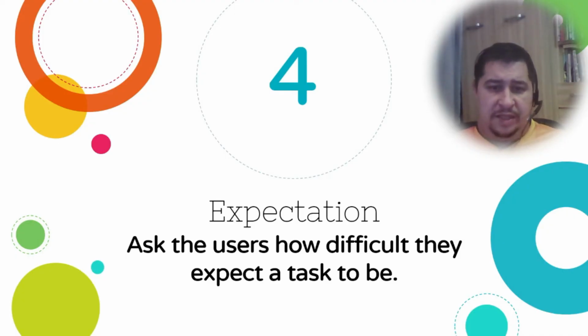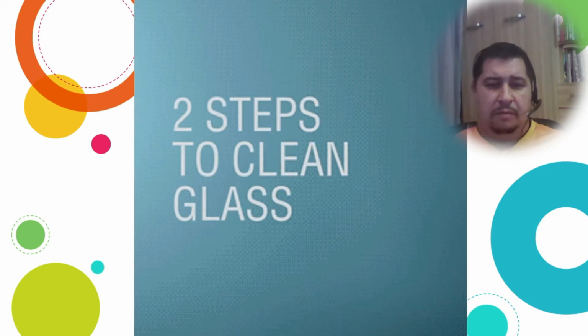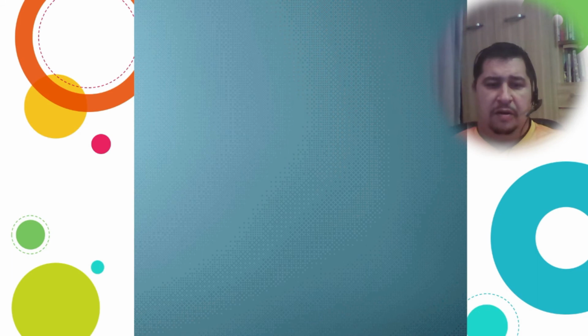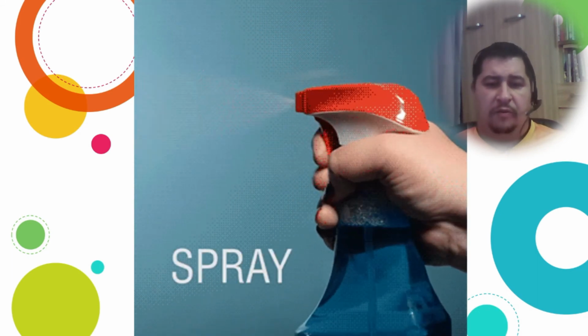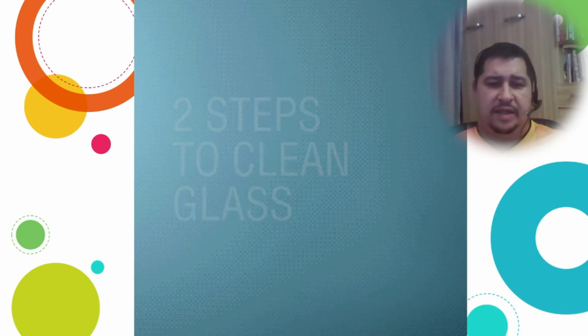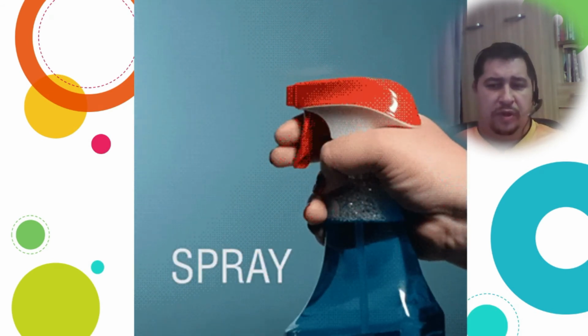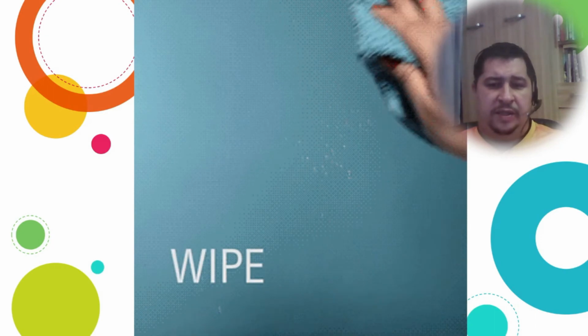Next one is expectation, and actually the next two go together. So first we ask the users how difficult they expect the task to be. Write down what they said. Let's say cleaning a window or a glass: we just spray it, wipe it, and that's it. So usually people say that's very easy.